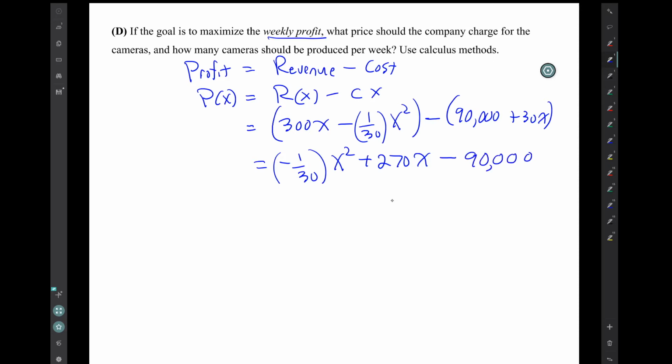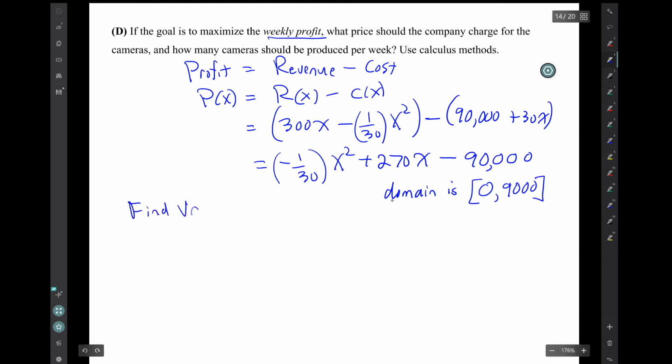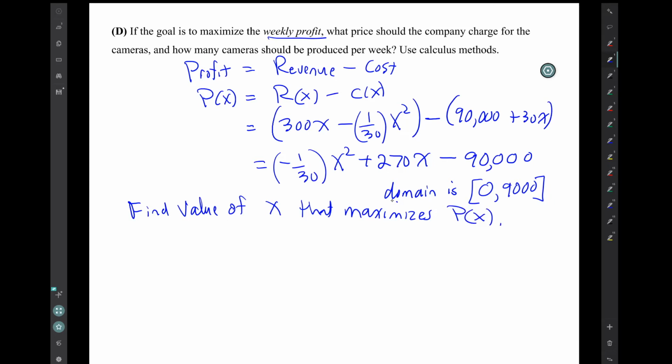So there's our profit function. So our goal is to find the value of x that maximizes profit on that same domain. Let's start by finding the critical numbers for x.